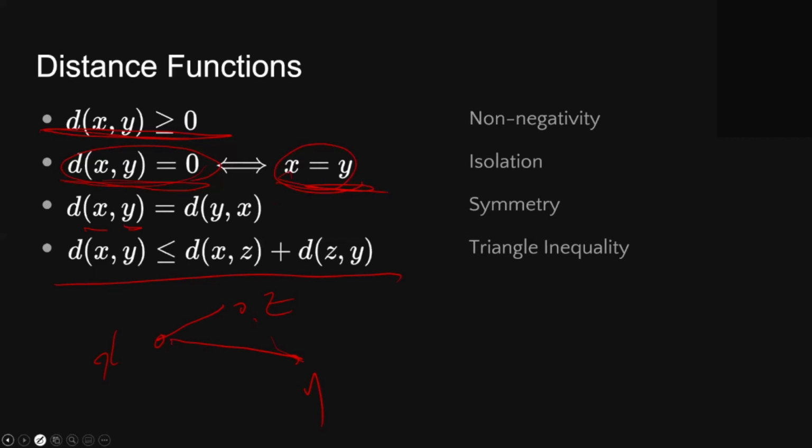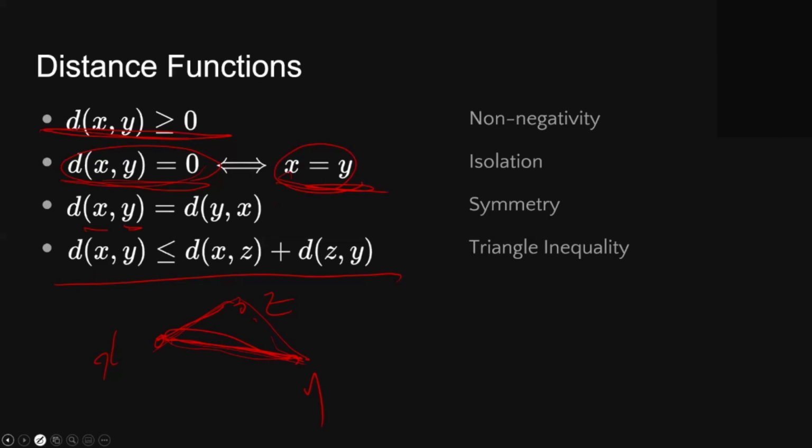What it means is that when you take a straight path directly from x to y, it has to be always shorter than taking a detour. Instead of going directly from x to y, if you take a detour from x to z and then z to y, that detour is going to be a further distance than the direct shortcut from x to y.